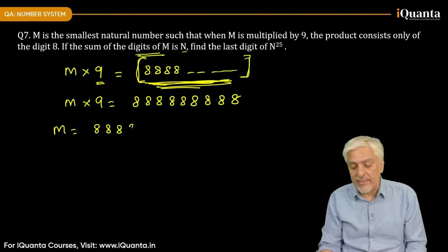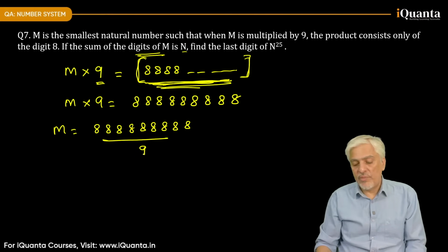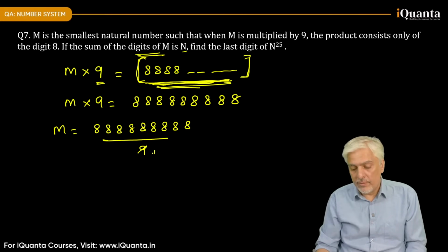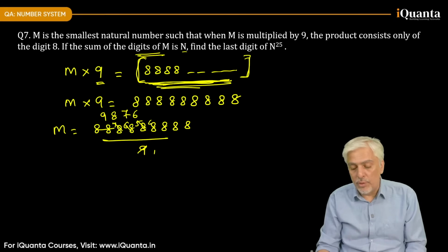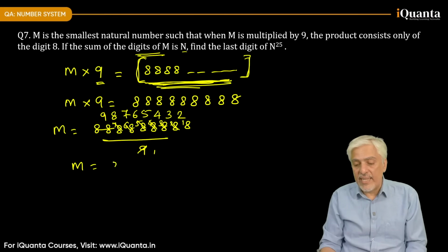M is 8, 8, 8, 8, 8, 8, 8, 8, 8 divided by 9. ये नॉर्मल डिवीजन है, ये करना पड़ेगा. 9 9s are 81, 7. 9 8s are 72, 68. 9 7s are 63, 5 remainder. 9 6s are 54, 9 5s are 45, 9 4s are 36, 9 3s are 27, and then what? 9 2s are 18. So m is 9 8 7 6 5 4 3 2.